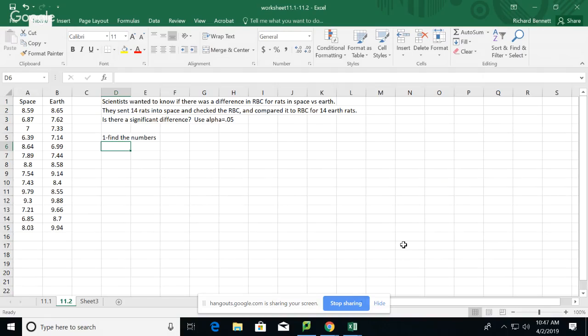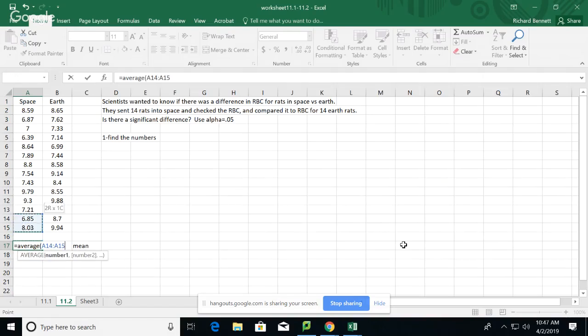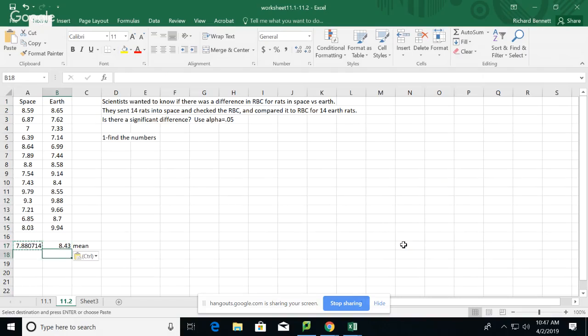You probably want to know the mean, right? And how do we find the mean? Equals average. What else might you want to know? Standard deviation, right? How do we find the standard deviation?